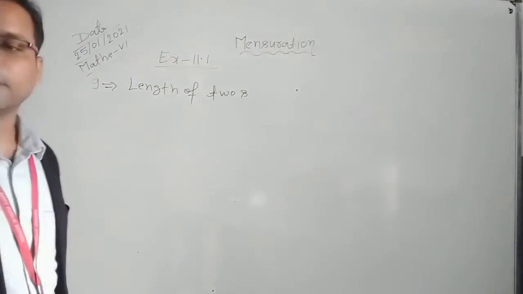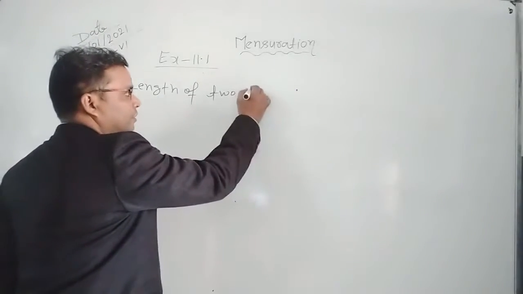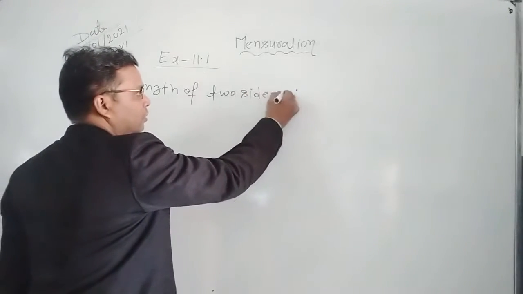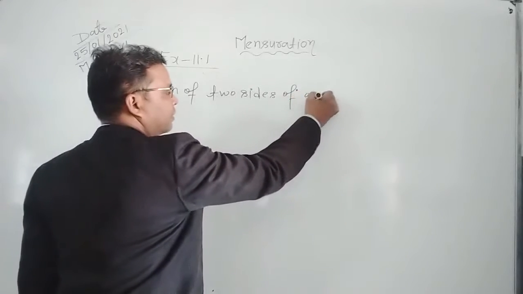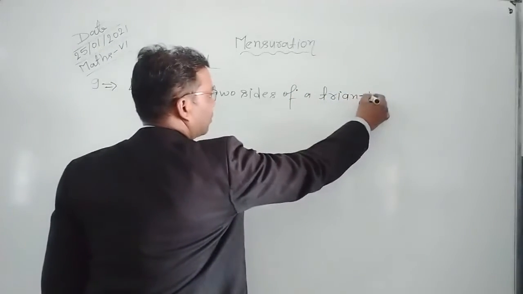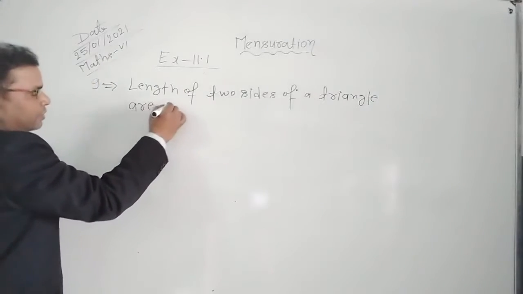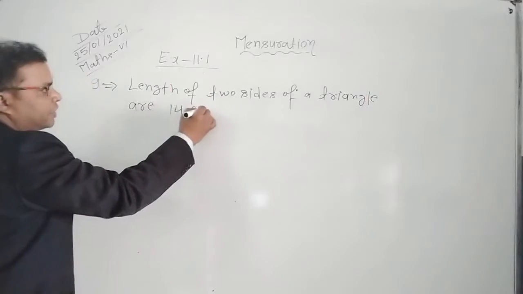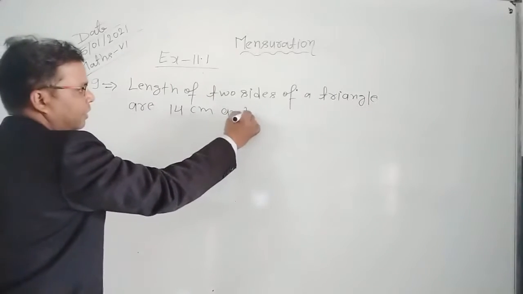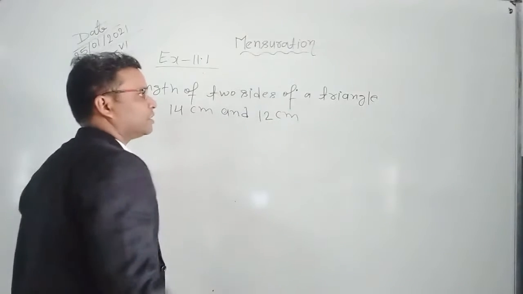Two sides of a triangle are 14 centimeter and 12 centimeter respectively.